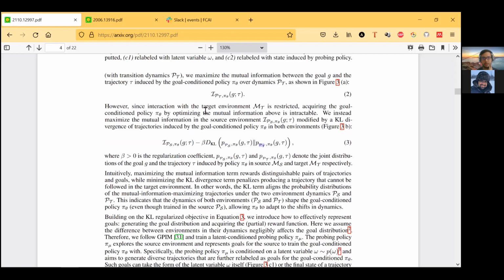So now the objective is not in the target environment, but in the source environment. You learn in the source environment a policy that has high mutual information between the goals you generate and the trajectories generated by the policy, but at the same time, if you apply the policy in the target environment, the trajectories would be very similar, whether it's in the source or in the target.